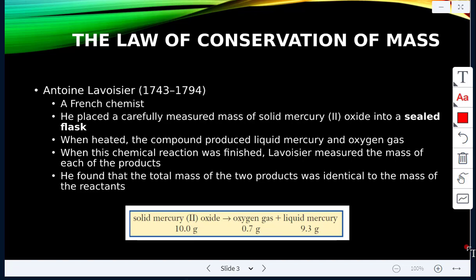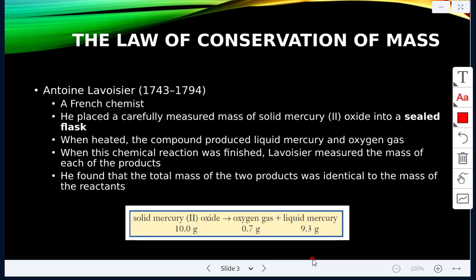For example, if he had 10 grams of solid mercury(II) oxide and heated it in that sealed flask, what was formed as products was 0.7 grams of oxygen gas and 9.3 grams of liquid mercury. Add those together, it equals 10 grams. And that is the law of conservation of mass.